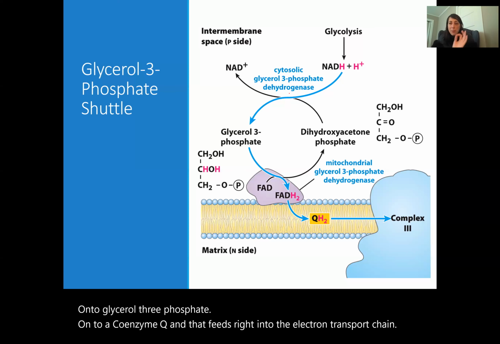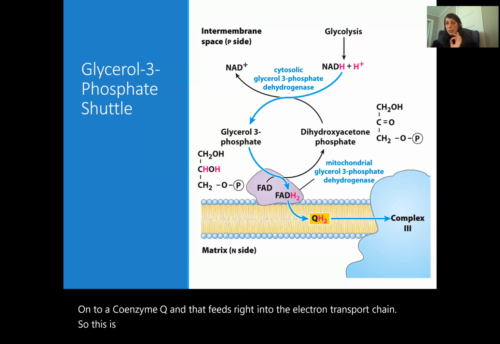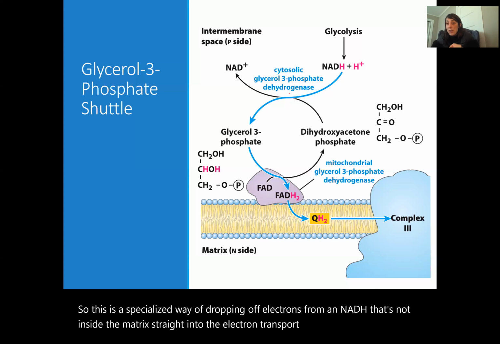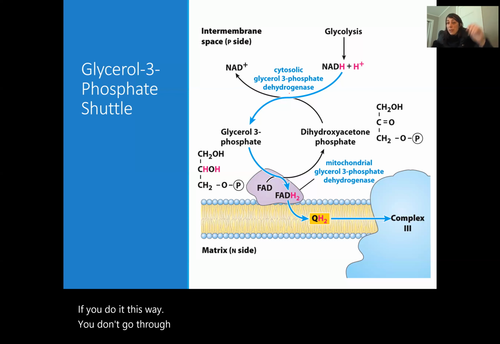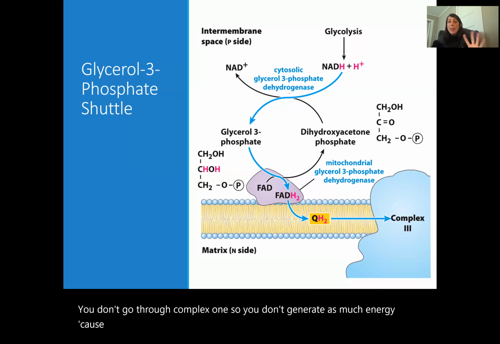So this is a specialized way of dropping off electrons from an NADH that's not inside the matrix straight into the electron transport chain, into complex 3. And note, if you do it this way, you don't go through complex 1, so you don't generate as much energy because you're not moving as many protons. This is what we mean by it's a variable amount of energy you could get.